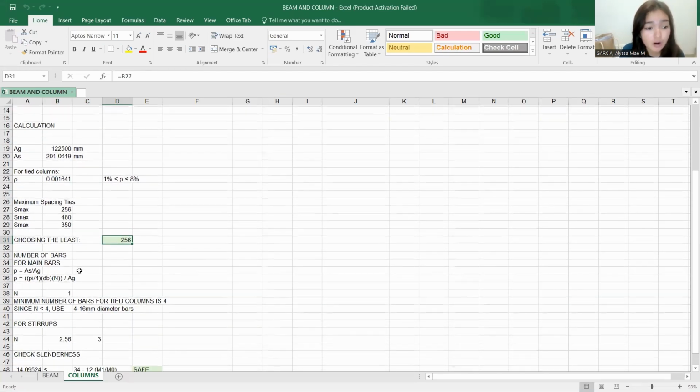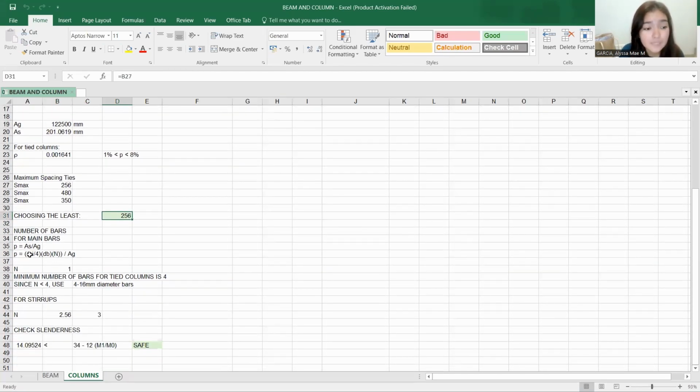For the number of bars for main bars, given the formula rho equals As over Ag, we can derive this formula and get the number of bars for the main bars. As a result, we have 1, but 1 is less than the number of bars for tied columns, which is the minimum of 4.